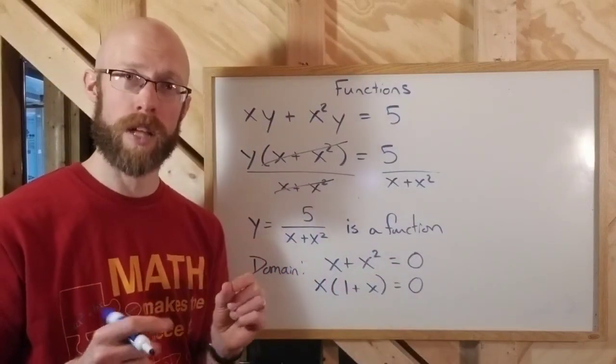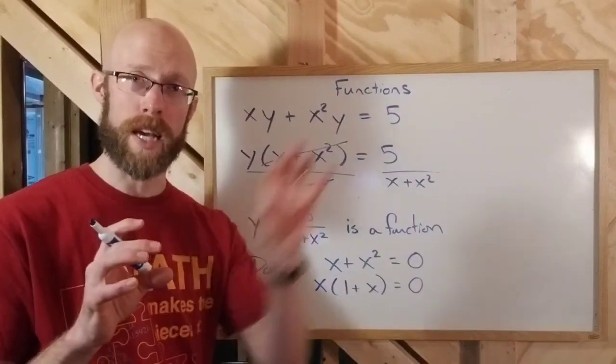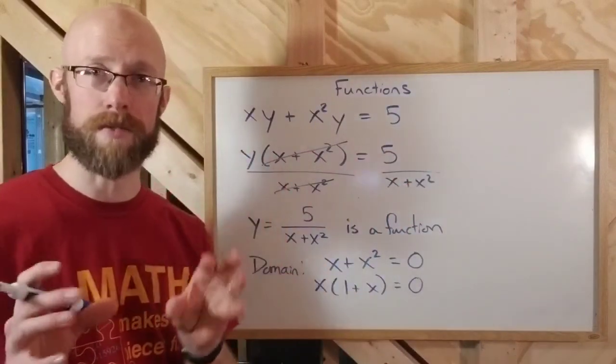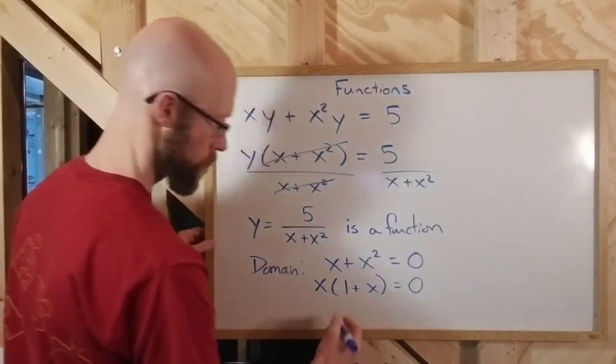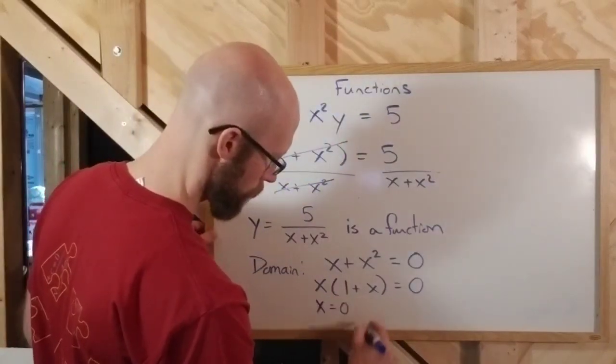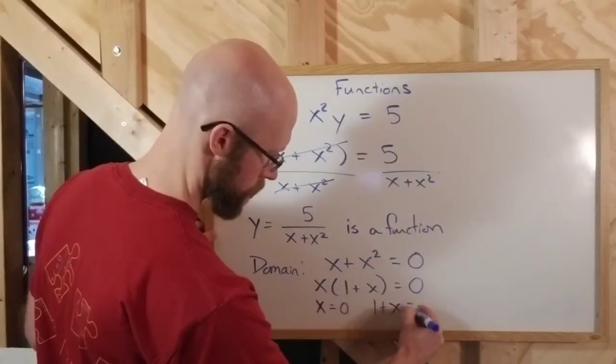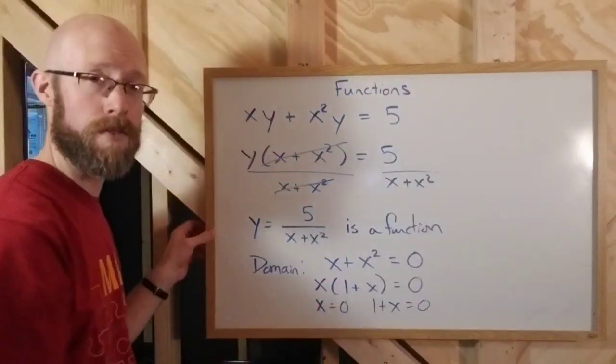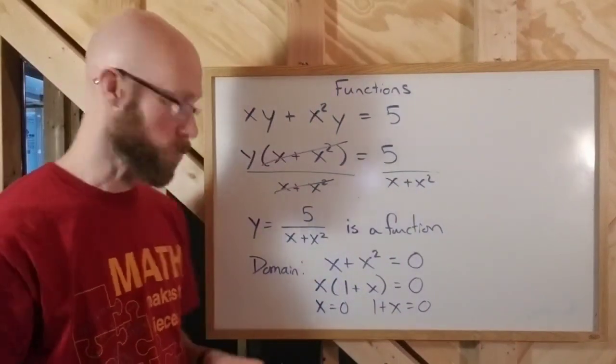It's impossible to have two non-zero numbers multiplied together and get 0 as a result. You have to have 0 as one of the two factors. So that means that either x is 0 or 1 plus x is 0. These two factors individually can be set equal to 0.